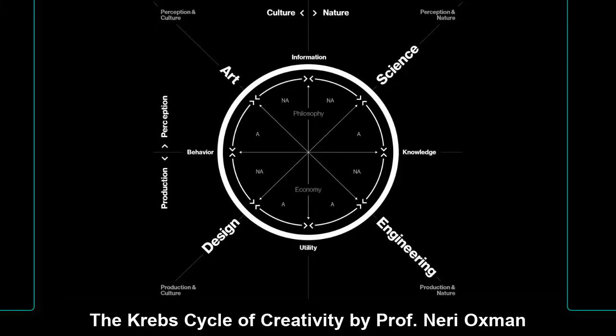All projects I will show today illustrate the need of multiple disciplines and the different perspectives and methods, which I think fits beautifully in this ethos of this conference. This relationship between the disciplines is very beautifully illustrated by Professor Neri Oxman from MIT in her Krebs Cycle of Creativity.